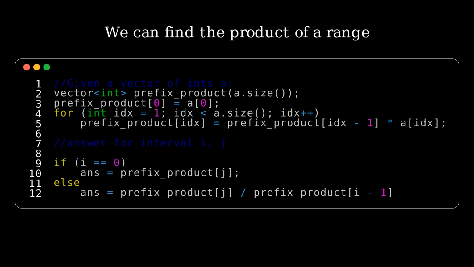Of course, you gotta be cautious when using this trick in the context of products, because as you know, products grow really fast. So you need to watch out for overflow issues. You also need to watch out for entries that are equal to 0, because the product after that entry will always be equal to 0 and you cannot divide by it.